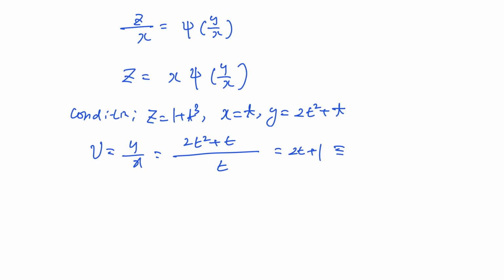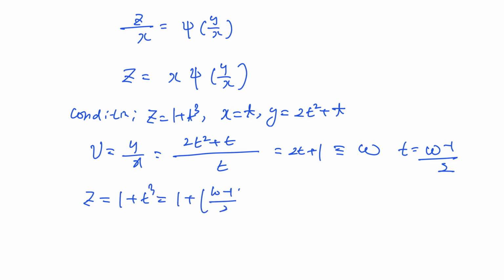Let's say something w. So t is w minus 1 over 2. Then z, 1 plus t cubed, is 1 plus one half w minus 1 cubed.